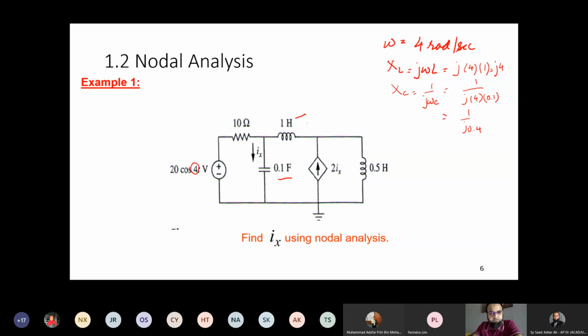Is that clear? There's one more inductance as well. So this is j omega L1, and this is another one. So XL2 equals j omega L2, j times 4 times 0.5, which will be j2. All of them will be in ohms.